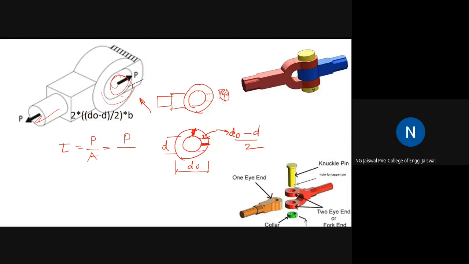Similarly here, these two planes are slided out. Actually, this length is (DO minus D) divided by 2, but this is very close to it. That's how you can say that this is also approximately equal to (DO minus D) divided by 2. So (DO minus D) divided by 2 is one length, and (DO minus D) divided by 2 is another length, right?